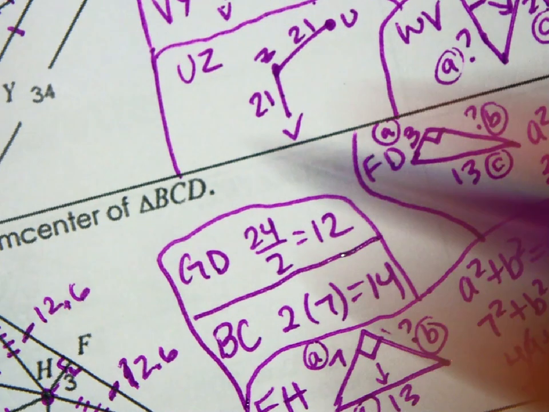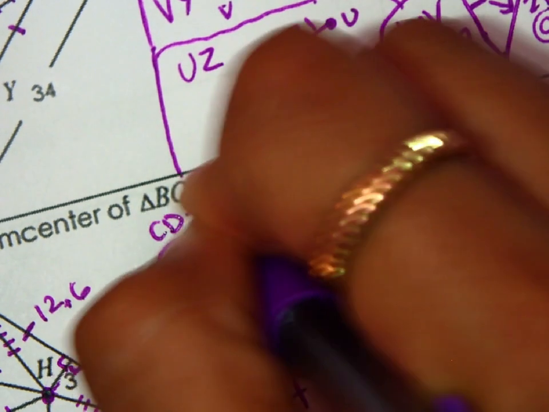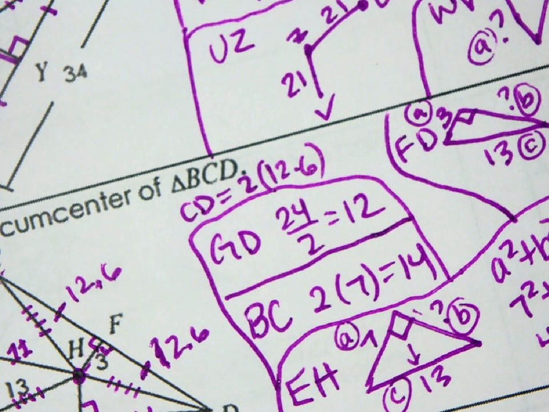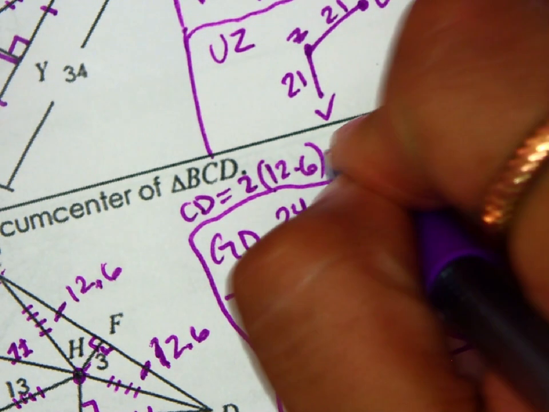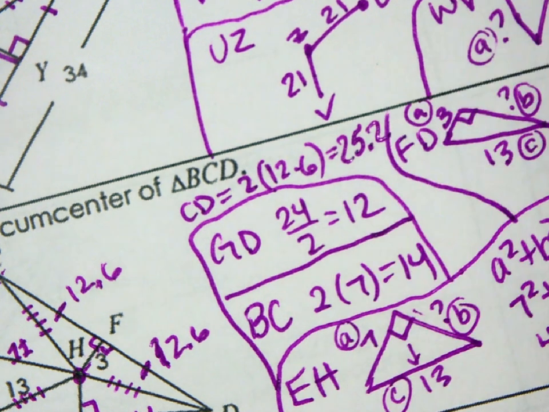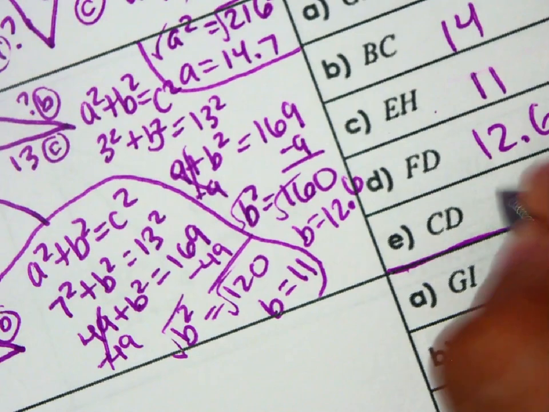I'm going to write CD equals 2 times 12.6. And 12.6 times 2 is going to be 25.2. Okay, so the answer is 25.2.